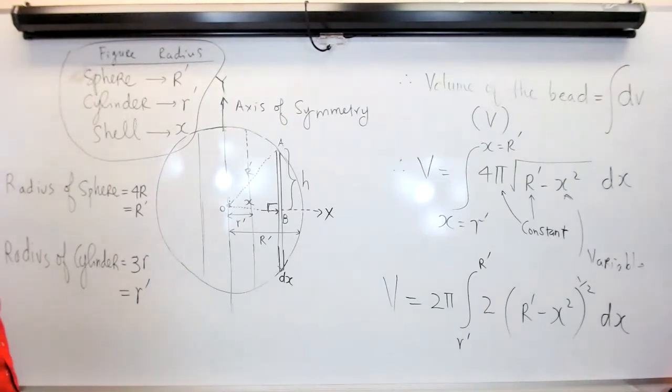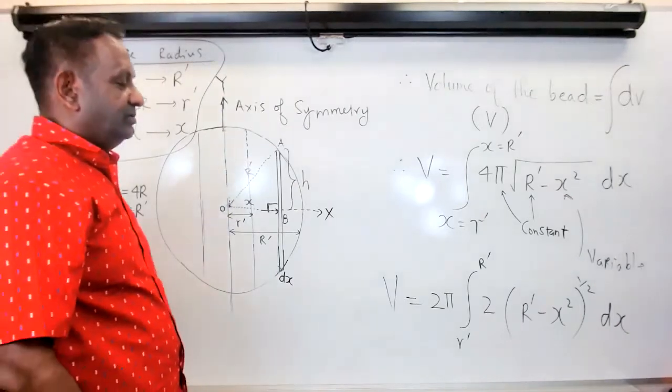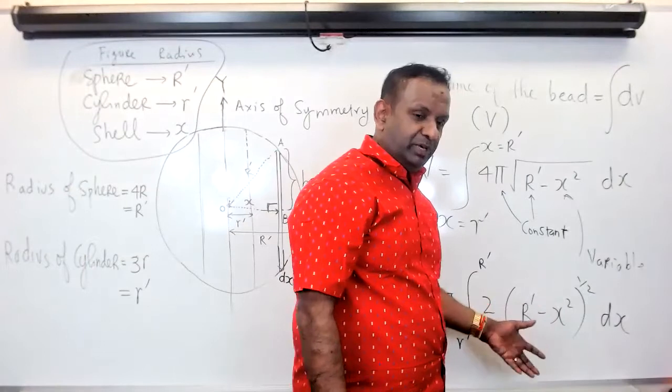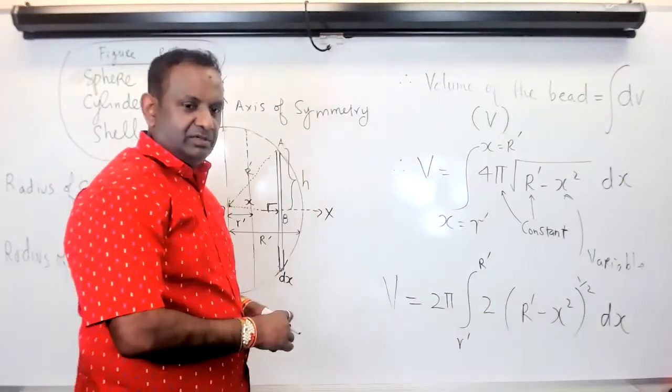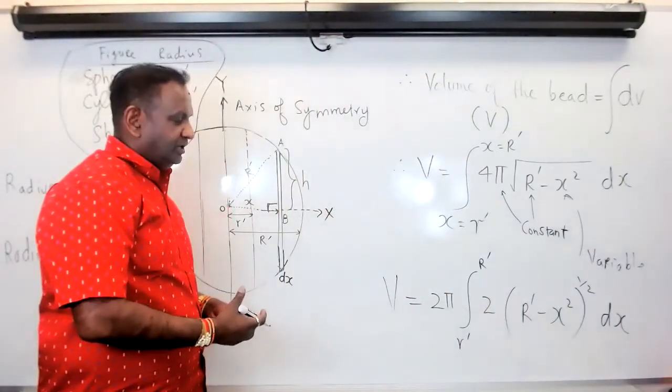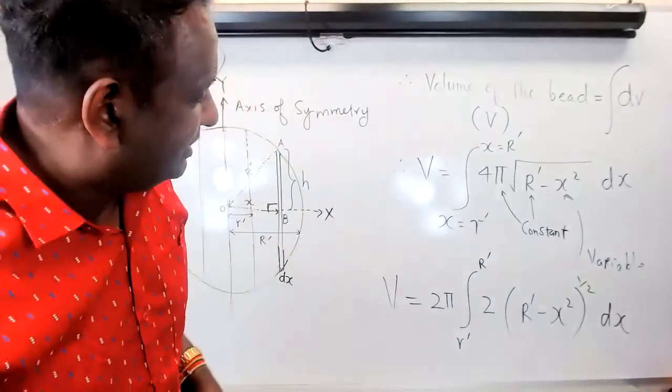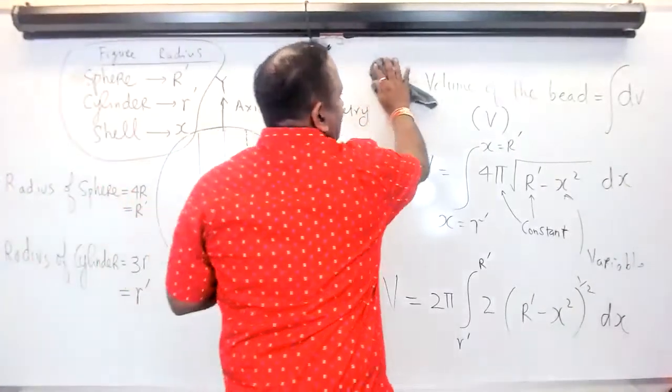You can use the U substitution, but you can easily get this done using a shortcut. What's a shortcut formula for this kind of integral? I'll write it down here.